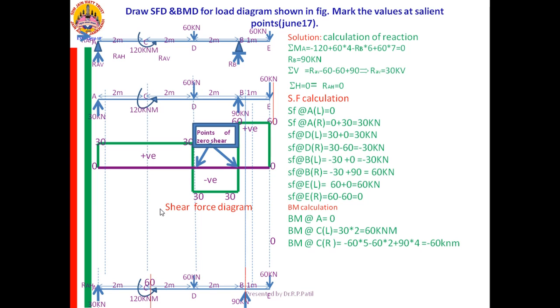Therefore, it is 90 into 2 plus, and 60 into 3 is minus. What is the net answer? 90 into 2 minus 60 into 3.